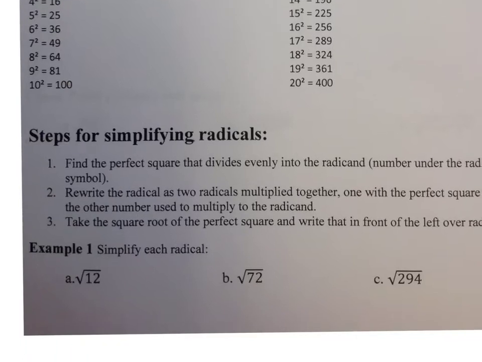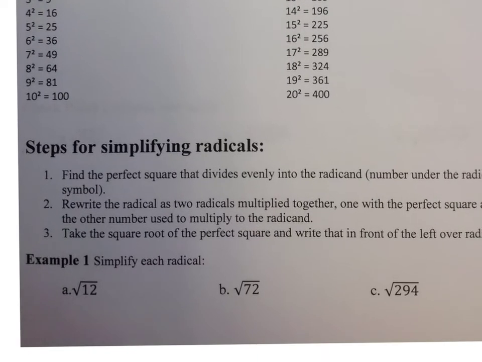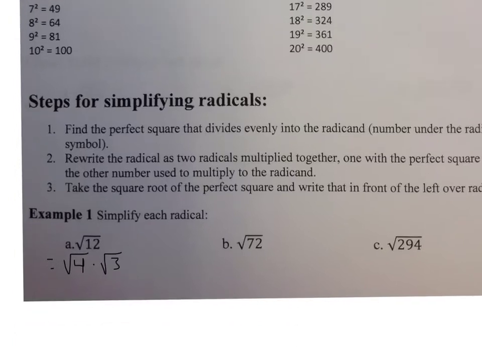We write it as 2 radicals multiplied together. And so we're going to write it as the square root of 4 times the square root of 3, because 4 times 3 makes 12. And then it says take the square root of the perfect square number. So we've got the square root of 4 is 2, and then write it in front of the radical that's left. 2 times the square root of 3, and that is a simplified radical.